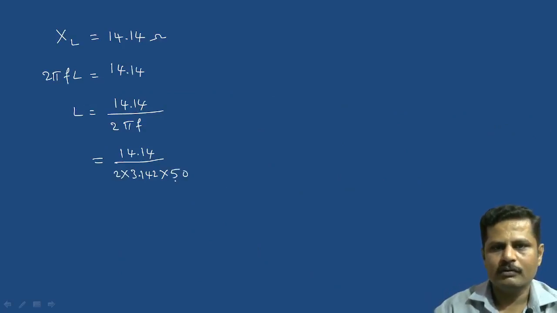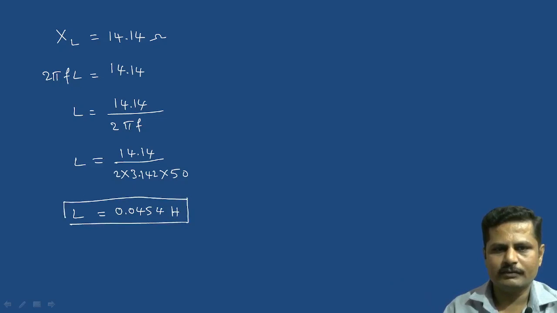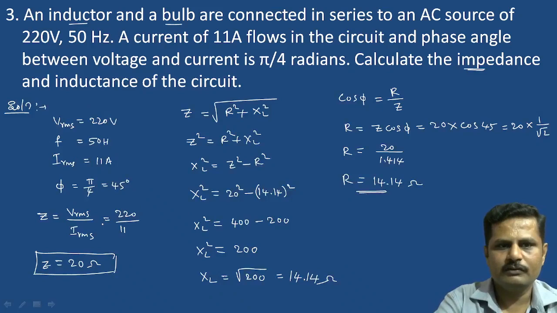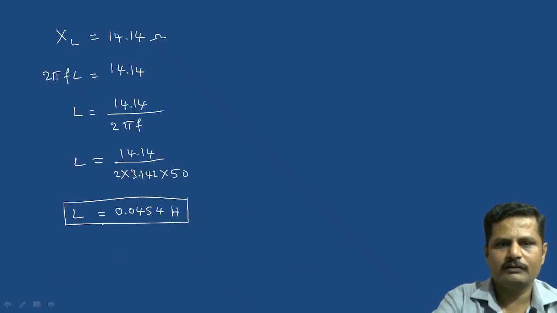On simplifying, we get 0.0454 Henry. This is the inductance. So here we have impedance equals 20 ohm and inductance equals 0.054 Henry.